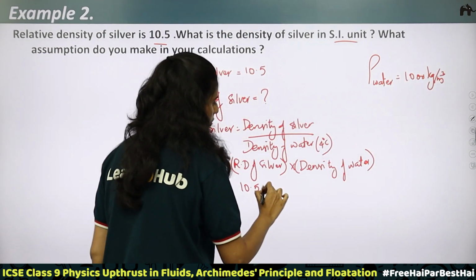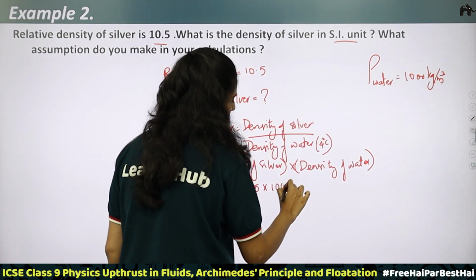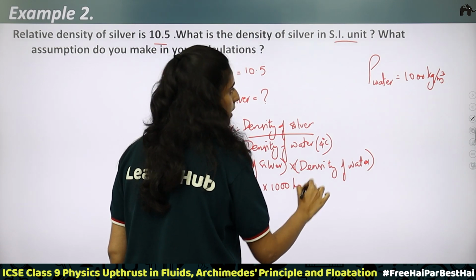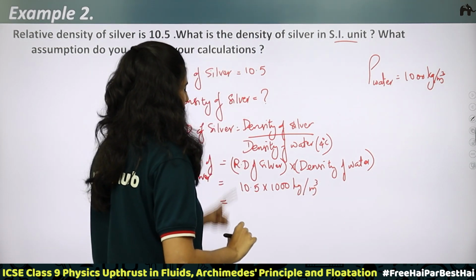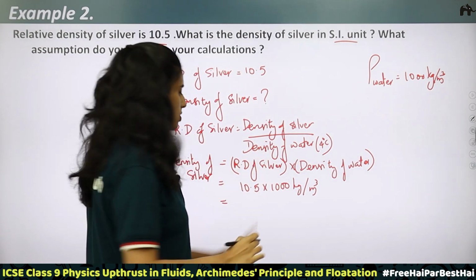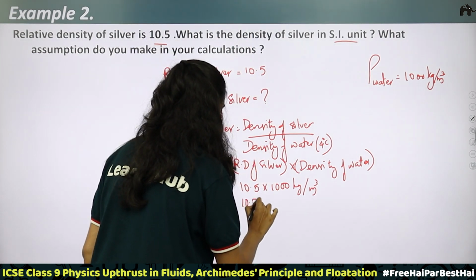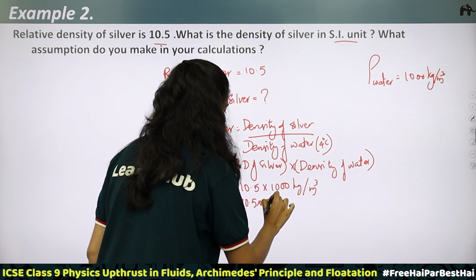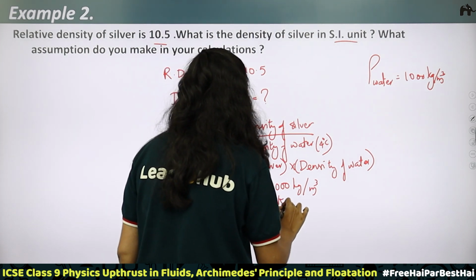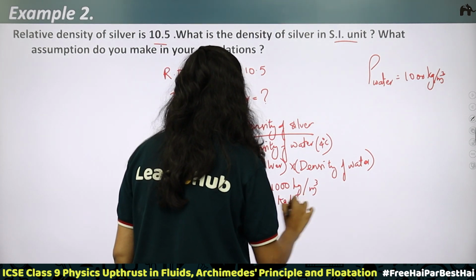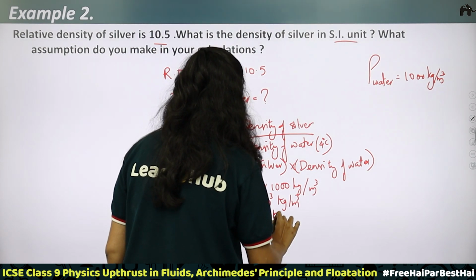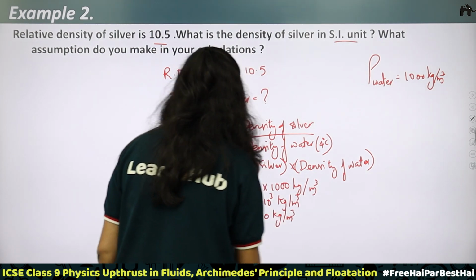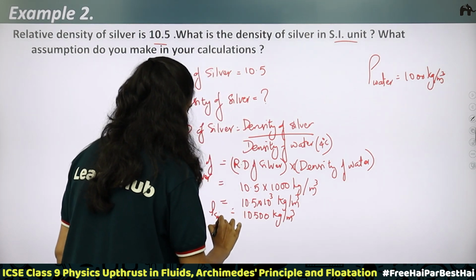Now put it in, and this is equal to 10.5 into 1000, that is 10.5 into 10 raised to 3 kilogram per meter cube, or 10,500 kilogram per meter cube, which is the density of silver.